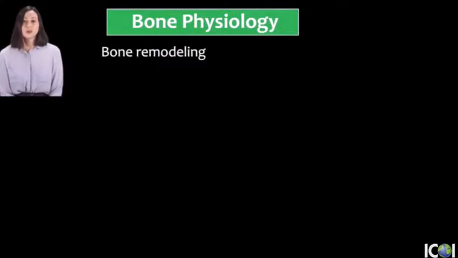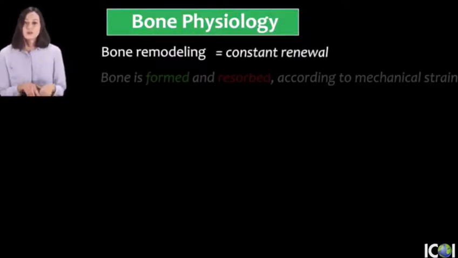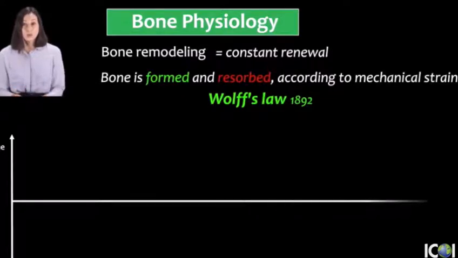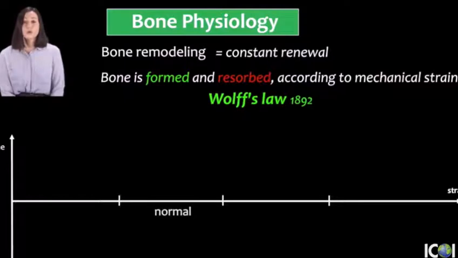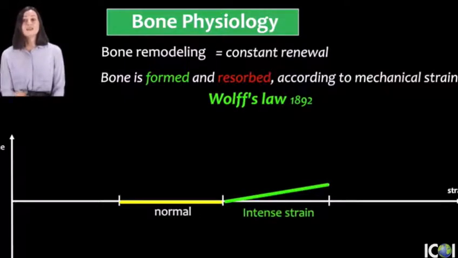About the physiology, we know that the bone constantly remodels. This is the bone physiology. The bone is formed and resolved according to the mechanical strain. If the strain is normal, the bone volume maintains itself. If we have an intense strain, we can increase the bone volume a bit.